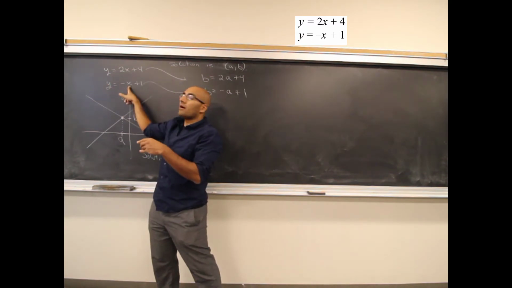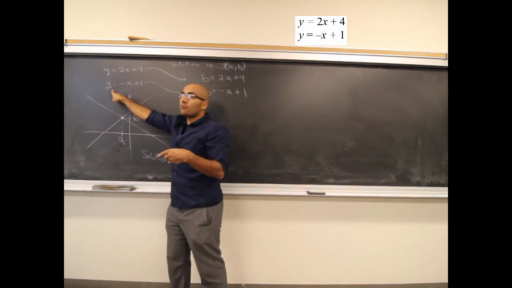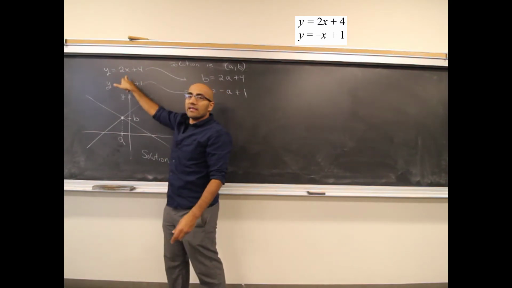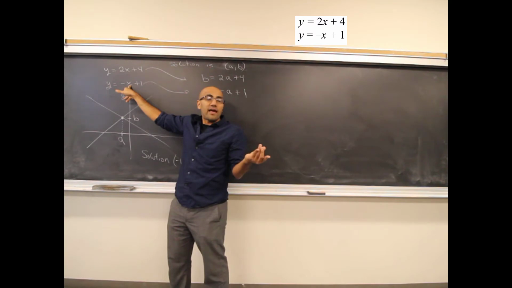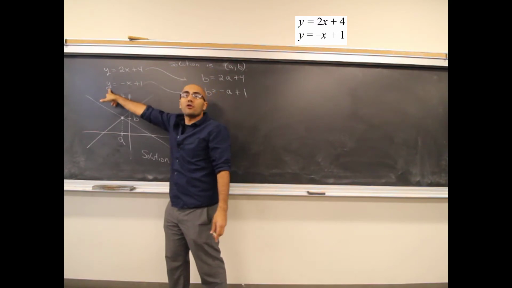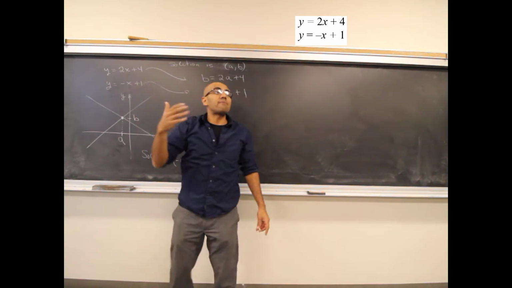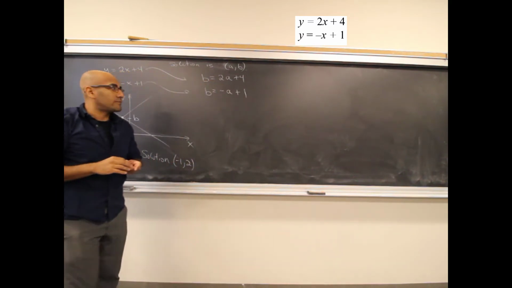Here we have a situation where I'm going to multiply the input by negative 1 and add 1 to it, that's the output. But this x and this x are not always the same value. Whatever input you give me, I can put it in there and get the resulting y. So even though they're the same letter, they're not really the same value always. They can be, but they don't have to be.